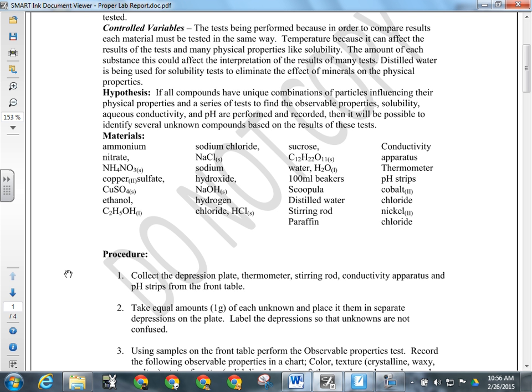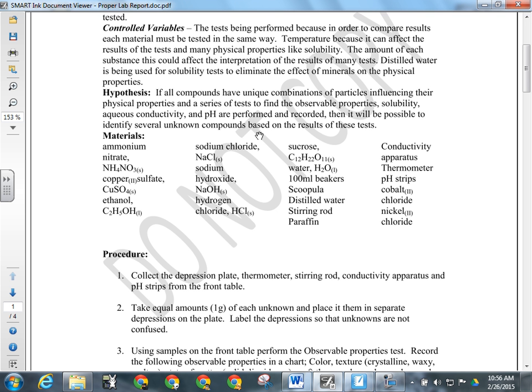So in the then part, I say, then it will be possible to identify several unknown compounds based on the results of these tests. So I've said, I'm going to do this. These are the results I'm going to get. You guys follow me there? Unfortunately, a lot of people's hypothesis went like this instead. If we run these tests, we'll be able to identify the unknowns.